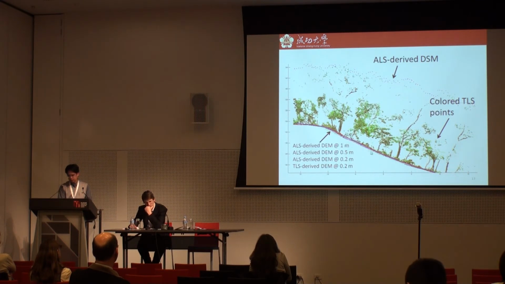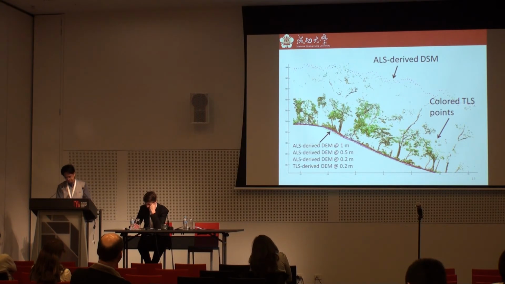And here at the ground, actually there are 4 lines. One is the TOS derived DEM at the pixel resolution of 0.2 meter, and that's the ground truth. The other 3 are ALS derived DEMs at 1 meter, half a meter, and 0.2 meter pixel resolution. They were all created with the point density of 100 points per meter squared.